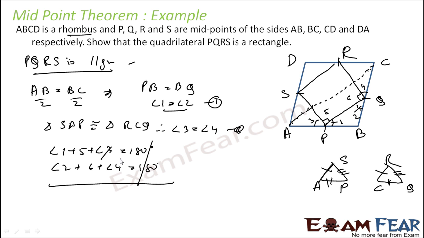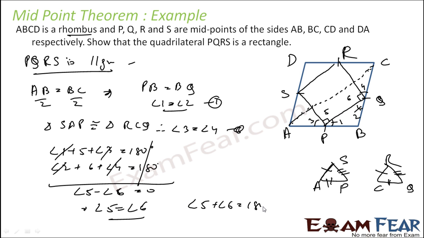Angle 3 is equal to angle 4, and angle 1 is equal to angle 2, so they cancel. So angle 5 minus angle 6 is equal to 0, or angle 5 is equal to angle 6. With this we have proved angle 5 is equal to angle 6. But we know that angle 5 plus angle 6 is 180 degrees, because it is a parallelogram. Therefore, angle 5 plus angle 5 is 180 degrees, so angle 5 is 90 degrees. That means it is a rectangle. So we have proved that PQRS is a rectangle.